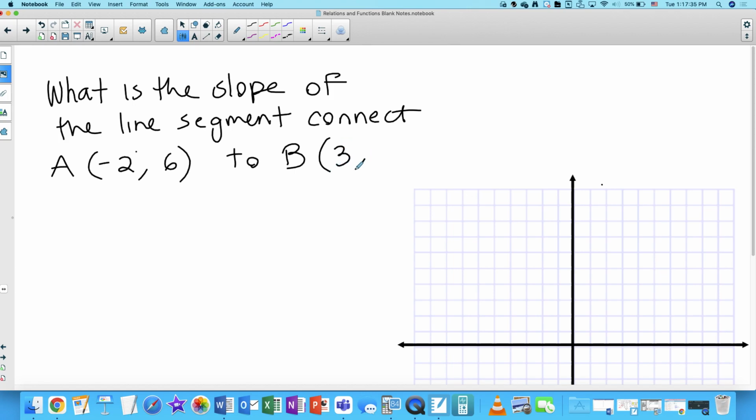I'm trying to make up a good number because this is just off the cuff. Okay, so we're going to connect those 2 points.